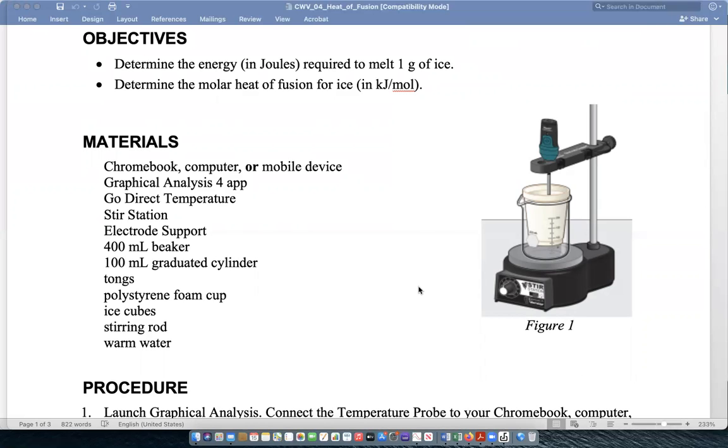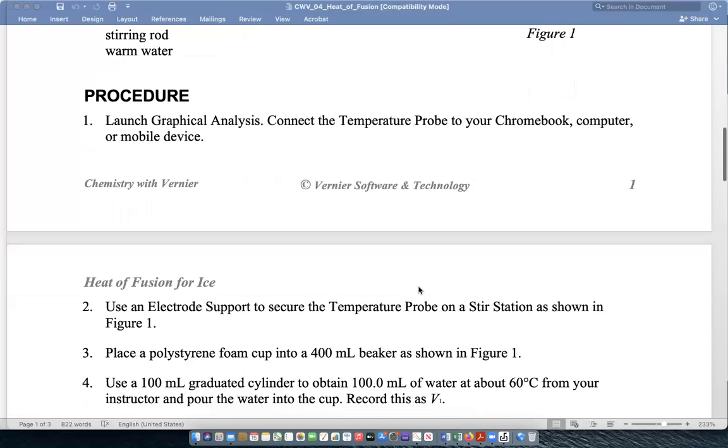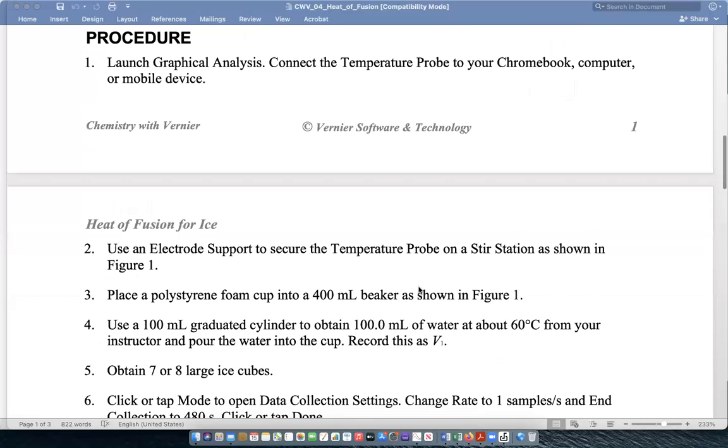You can either determine the amount of mass of water and ice by approximating it with the volume, where 1 gram of water is about 1 milliliter based on density, or you could use an actual balance to set that up. So your teacher will share this procedure with you.